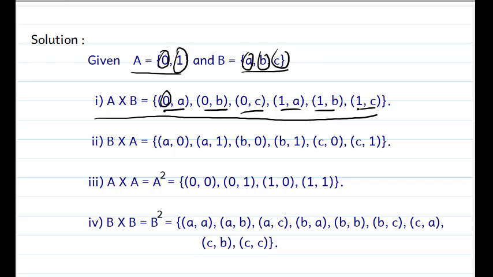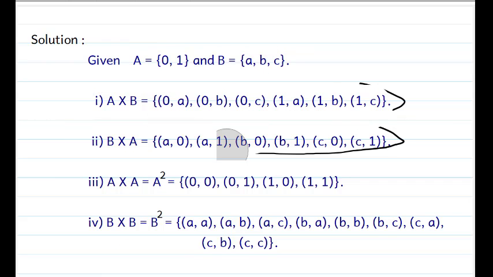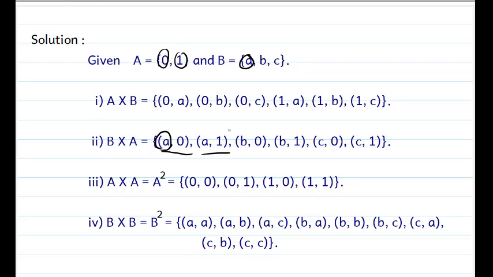This is the Cartesian product of A cross B. Now we want to find B cross A, so we first take the elements of B. The first element of B is small a, so small a with 0, small a with 1, so we have a0, a1. Then the next is small b, so b0, b1, c0, c1.